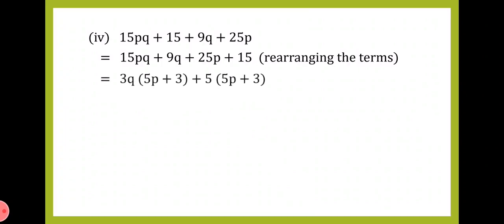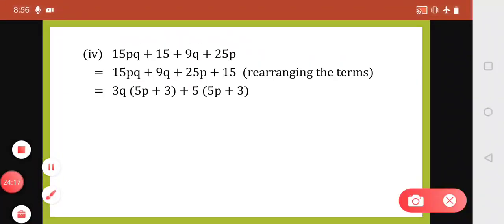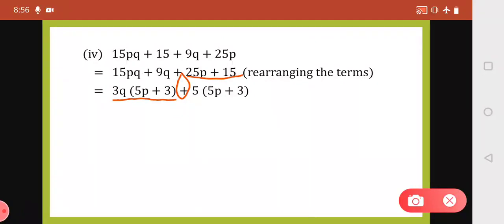When we take out, we know that 15 and 9 come in the table of 3 together and q is the same, so we take out from the first group 3q common, remaining 5p plus 3 in the bracket, plus sign as it is here. And then again from the second group, we can see 25 and 15 come in the table of 5 together, so we can take out 5 common and remaining we write in the bracket, that is 5 into 5p plus 3.